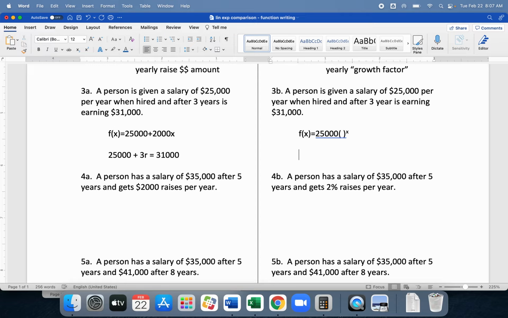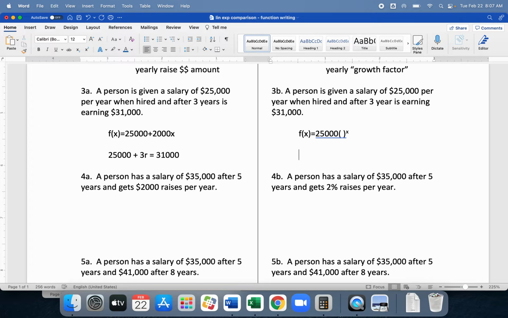But if I have to multiply by something, isn't it like x to the cube power equals 31,000? Yeah, so I need to multiply by this 3 times to get 31,000, right?